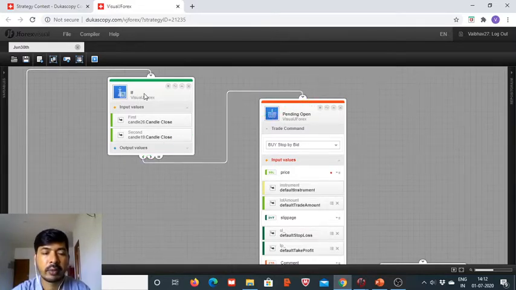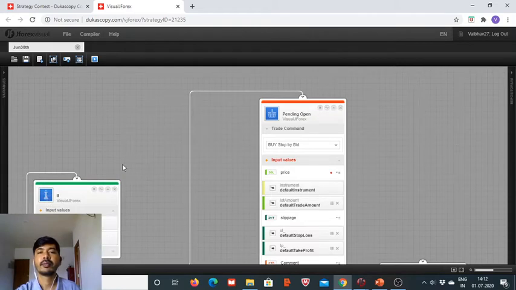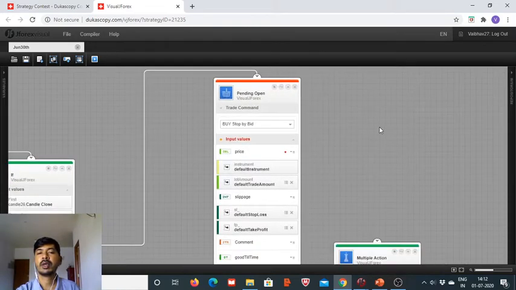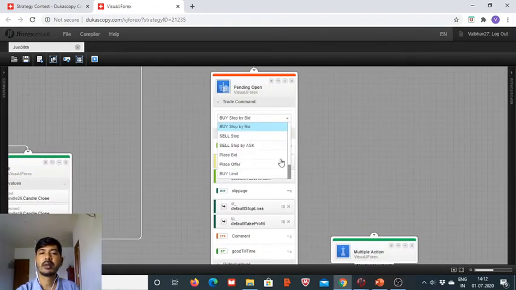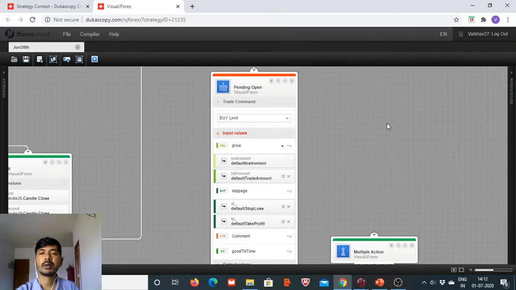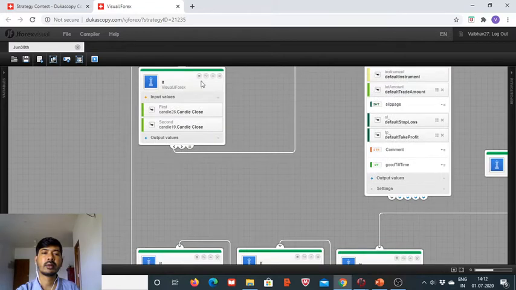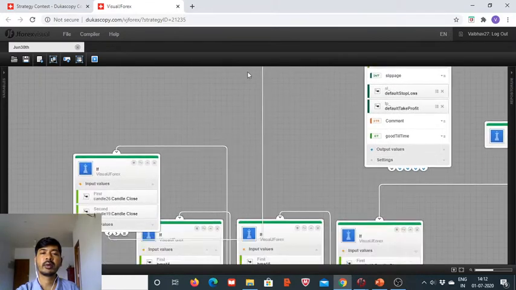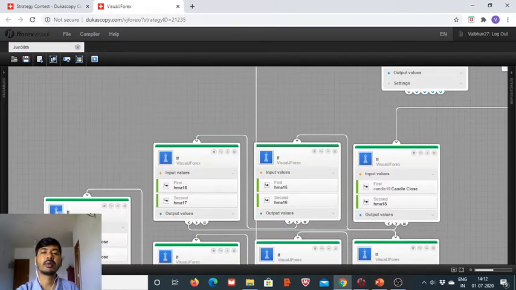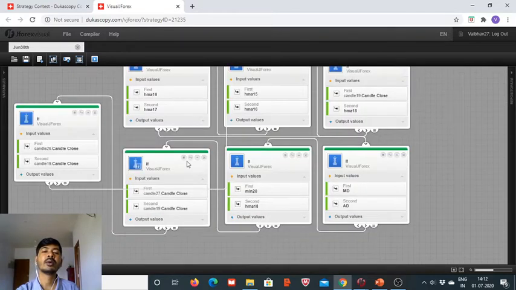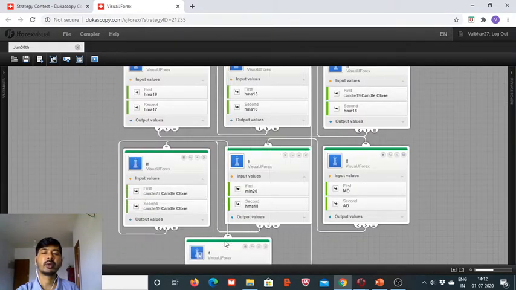So we have that covered now, and it should be a buy limit order. Okay, so we have got the 7 conditions which need to be fulfilled for any trade to be executed.